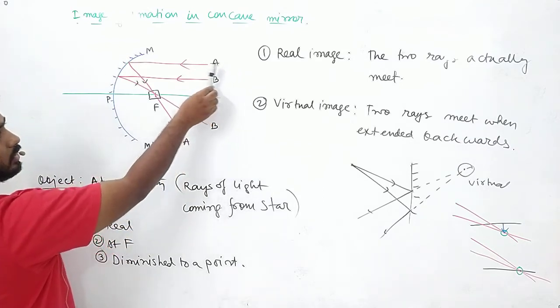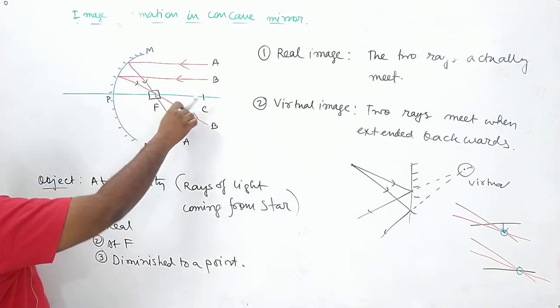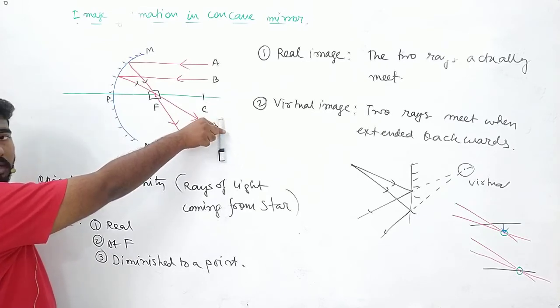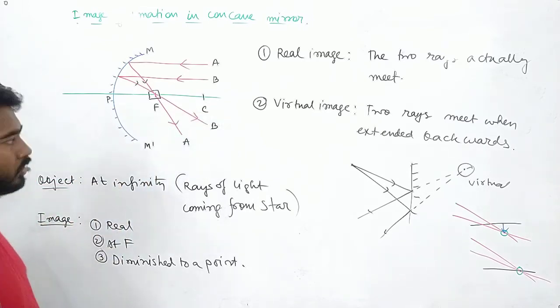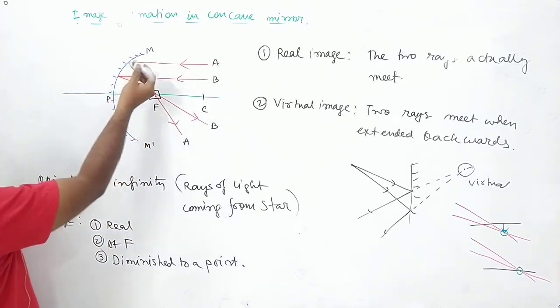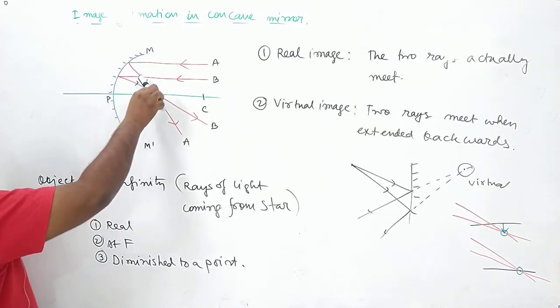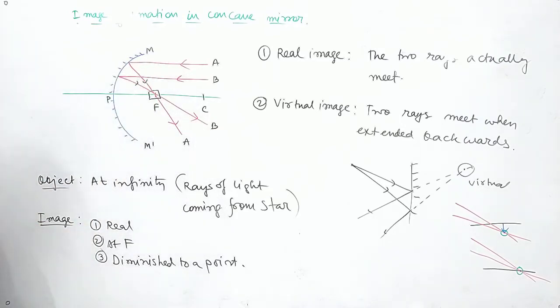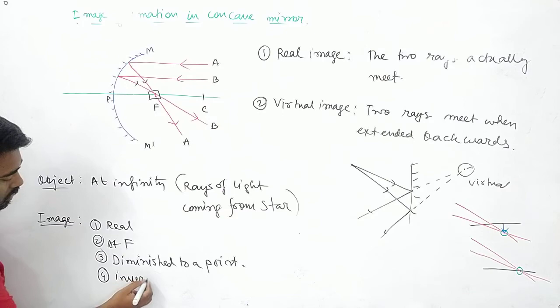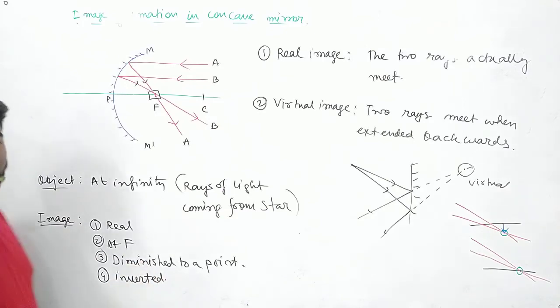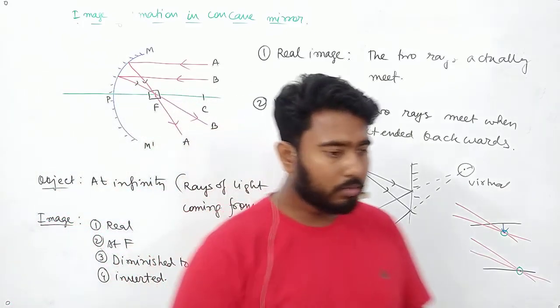If it is like this, then after reflection, it got inverted. Is the image inverted? Yes. So it is diminished to a point and it is inverted. Is the idea clear? All of you, is the idea clear?